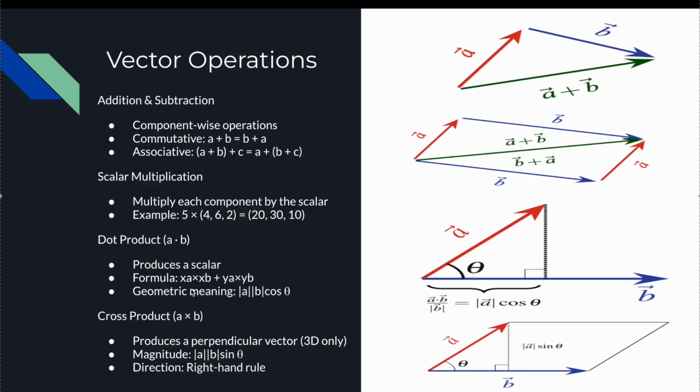And the geometric meaning can also be you take the magnitude of each vector and multiply them with cos theta, theta being the angle between the two vectors. And then cross product, same, you take the magnitudes and you multiply with sine theta.